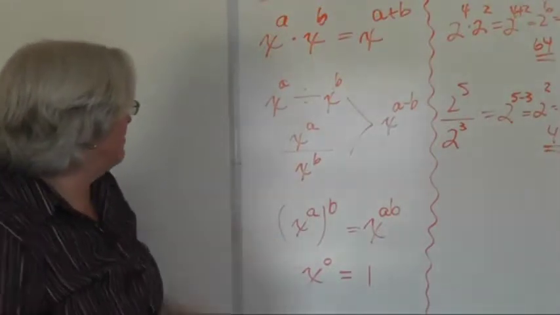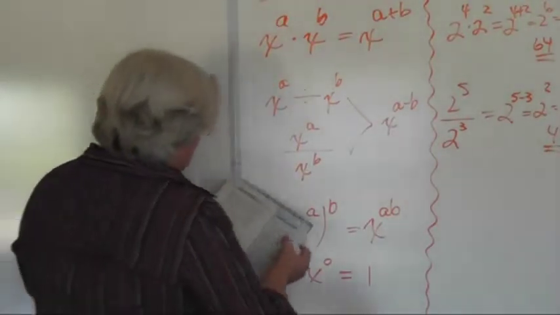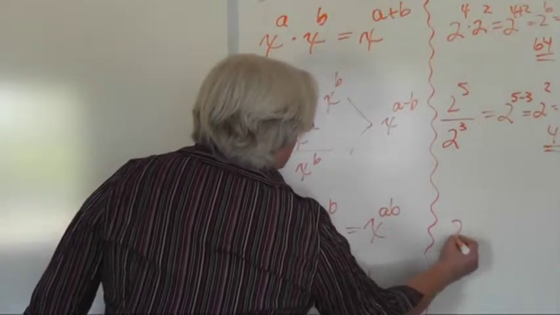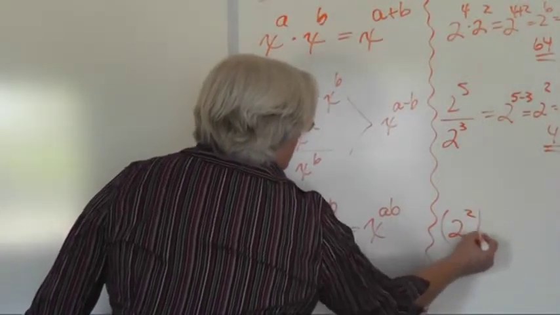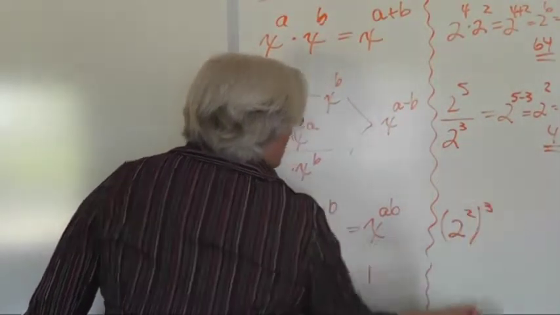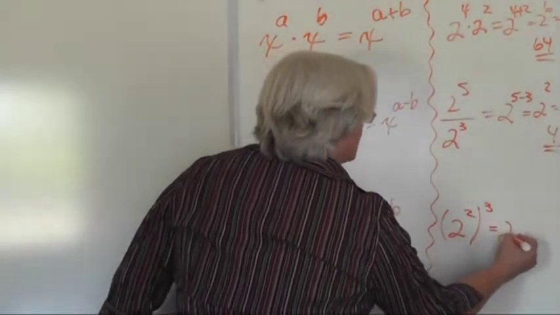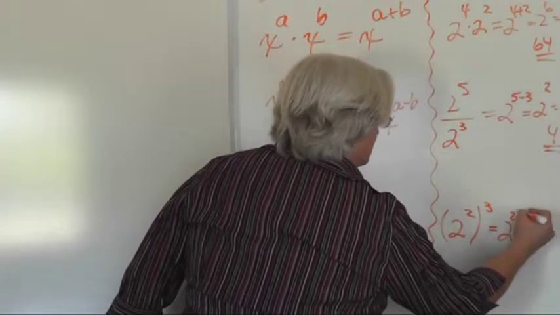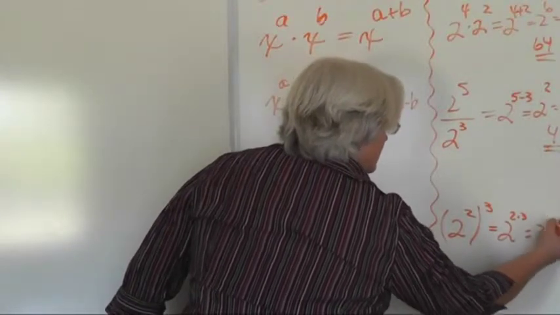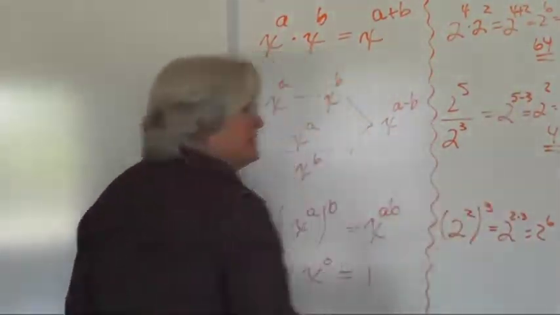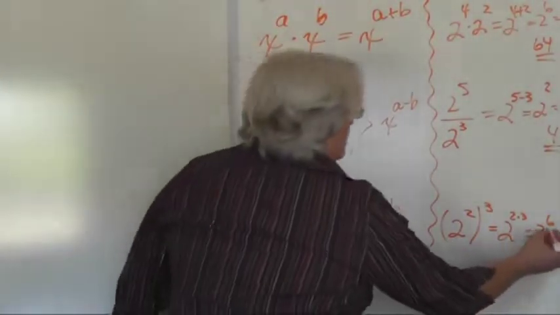If we have an exponential expression that is raised to a power, 2 squared raised to the 3rd, they call that the power rule. You multiply the exponents together. 2 to the 2 times 3 is 2 to the 6th, which again is going to be 64.